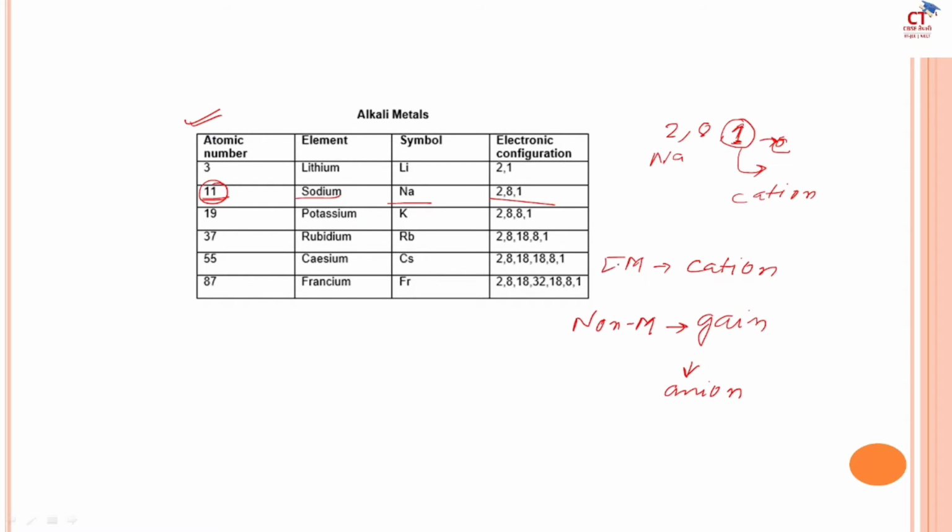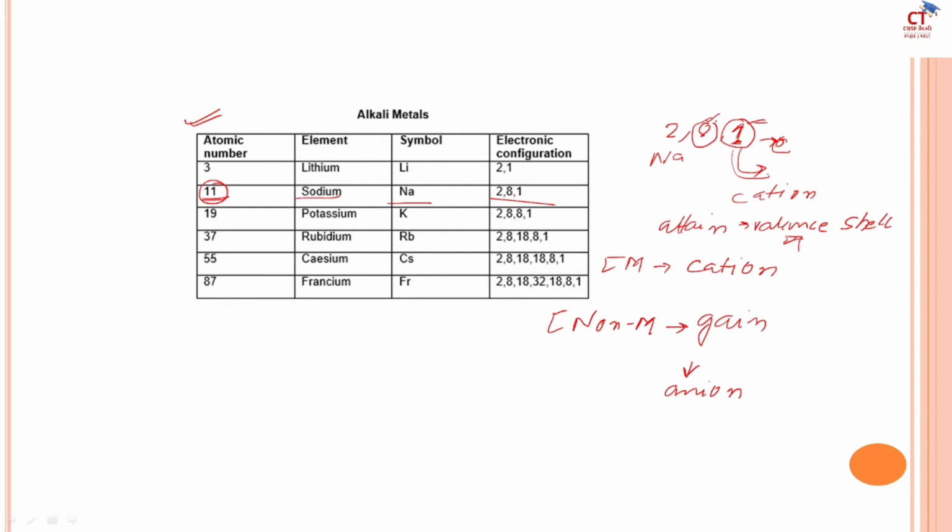Why do they lose and gain? Because they want to attain filled valence shells. If this is not filled, however, this is filled.